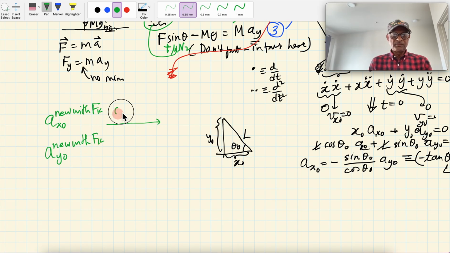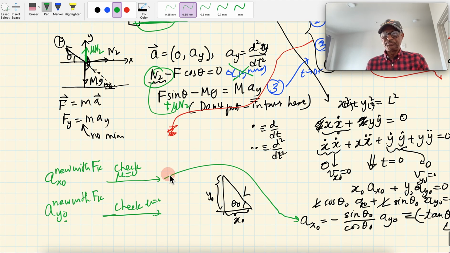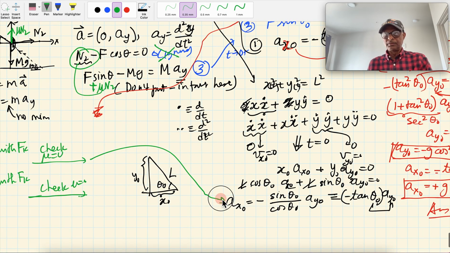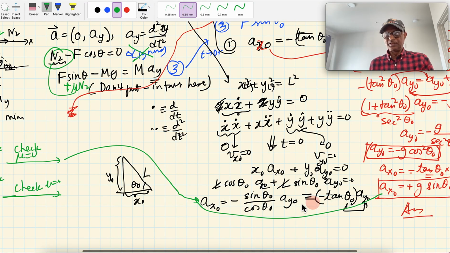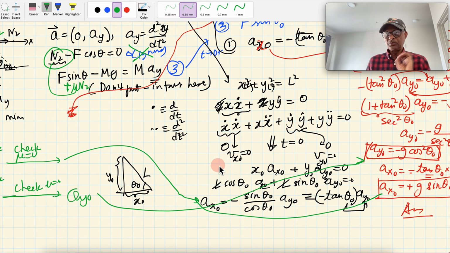You should check: if mu equals 0, you should have this answer. Does it give a y0 over here? This is the x, and you should get a y0 like that guy. So you should recover these answers when you're done with the other one.